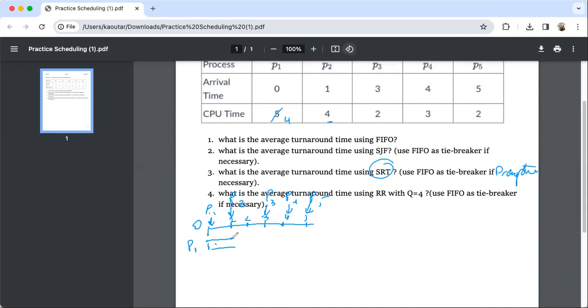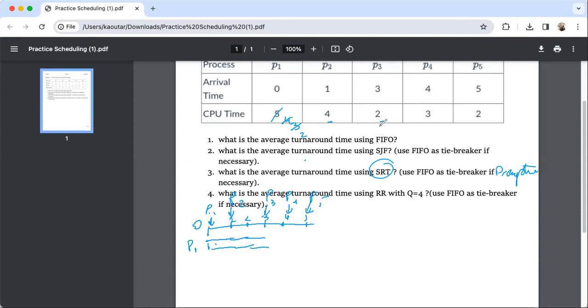So P1 continues executing, and then at time 2, now the remaining time is 3. Sorry, let me click on this one and then go back. Okay, so now the remaining time is 3, and no arriving process at time 2. So let's continue to 3. At time 3, the remaining time is 2, and P3's remaining time is 2 again.